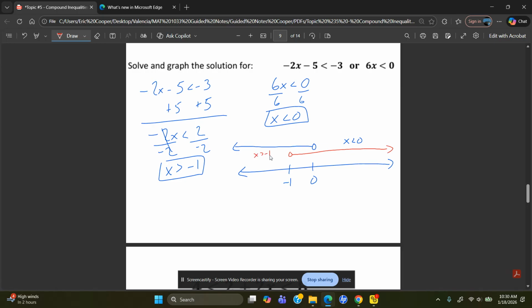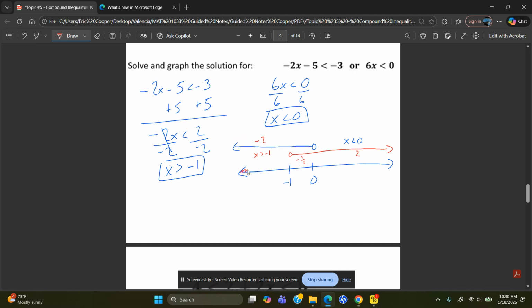But if you notice this time, now my graph covers everything. So there's not a value that I can pick that doesn't make this true. For example, if I picked negative 2, it is less than 0. If I picked positive 2, it is greater than negative 1. And if I picked a number in here, for example, negative a half, it is both less than 0 and greater than negative 1.